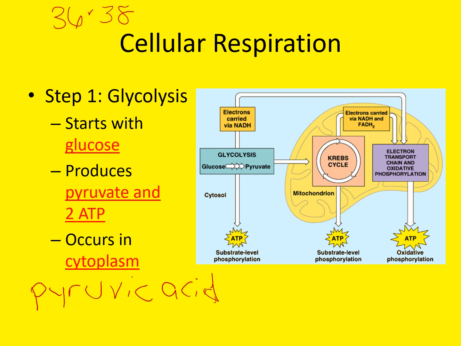As animals, we have the glucose. We break it down into pyruvate, ATP, and we're going to get a few hydrogen ions, which are going to be important. The pyruvate and the hydrogen ions will move into the mitochondria for the next 2 steps.